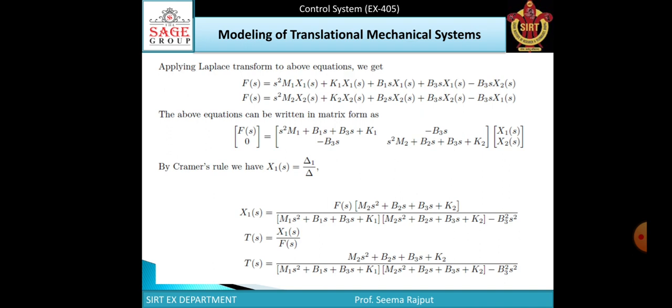Another is minus b3 s as the x1 term, and the x2 term is s² m2 plus b2 s plus b3 s plus k2, multiplying X1(s) and X2(s). So by Cramer's rule we have X1(s) equal to del 1 by del. So here del 1 is F(s) times (m2 s² plus b2 s plus b3 s plus k2).